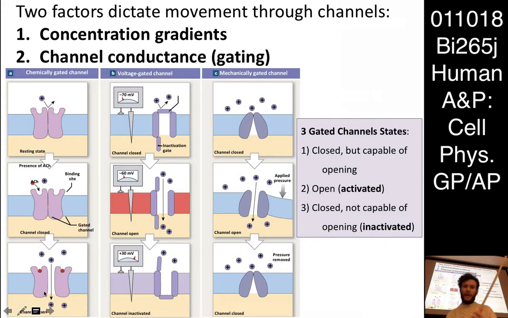And there are different types of gating. Here are some examples I have. Here's a chemically gated channel. Here's some solute, some positive charge that wants to pass across the membrane, and it can't because the gate is closed. But here's this chemical, ACh, which stands for acetylcholine.